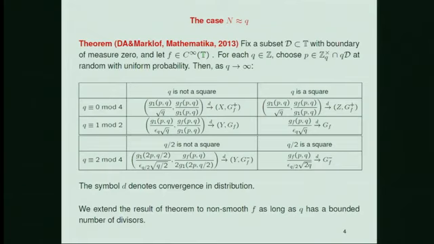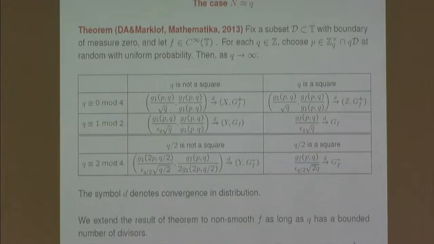So this is the theorem. This theorem says that the value distribution of this function converges to this function. I will define G_f plus, G_f and G_f minus in the next slides.